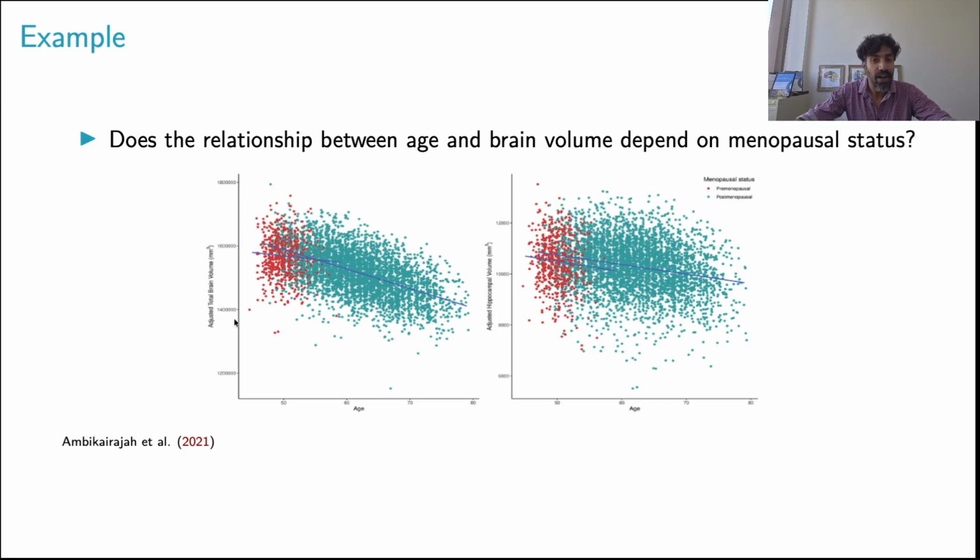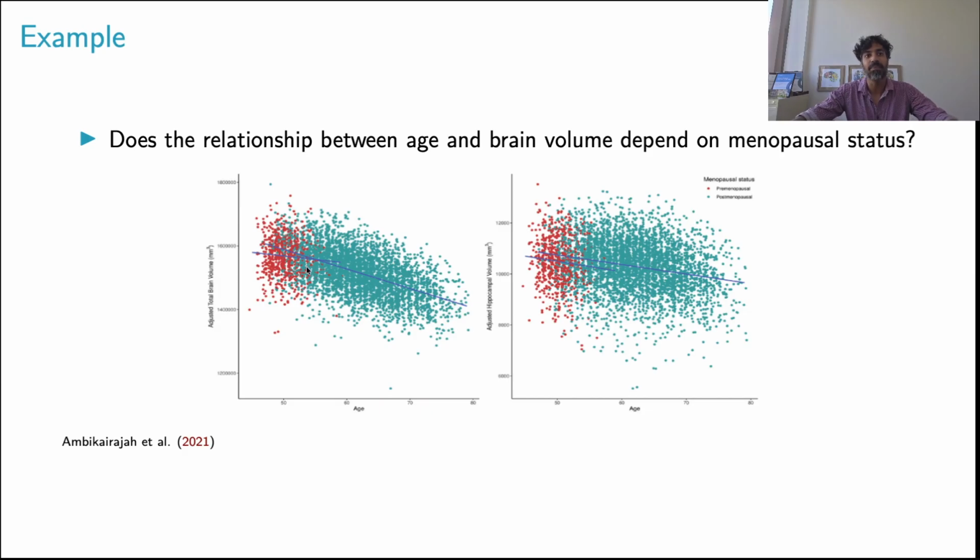And remember, an interaction is: does the relationship between your independent variable and your dependent variable depend on another variable, in this case, menopausal status? If you were to plot a line by menopausal status, you'll see that the lines differ depending on whether the participants are premenopausal or postmenopausal.